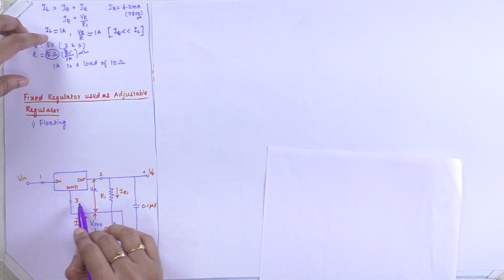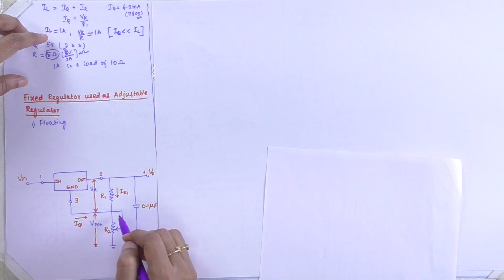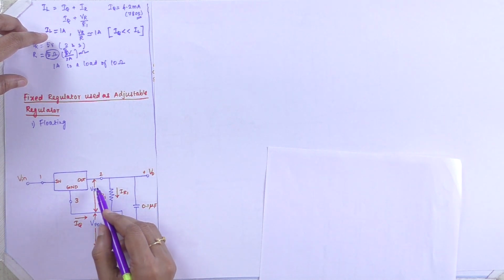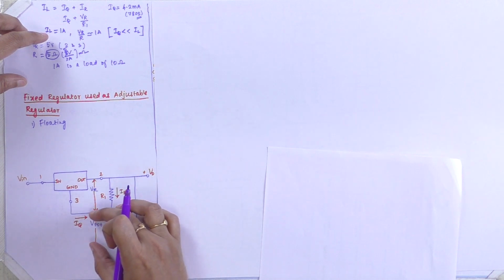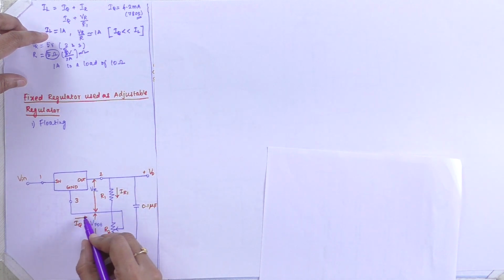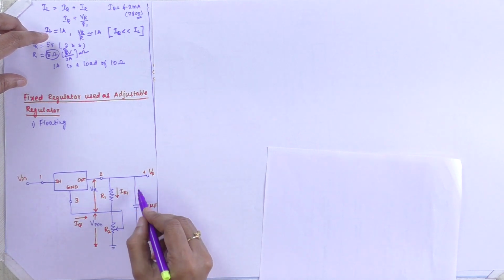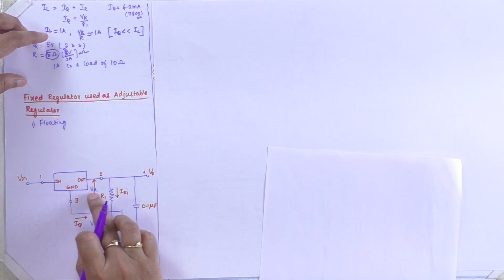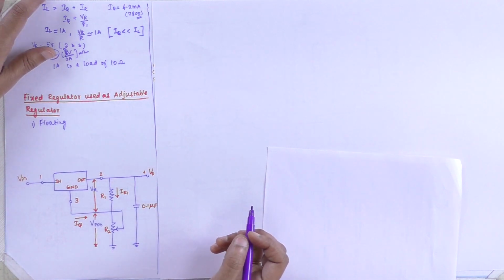The output and the second and third pins are connected across the resistor R1 and the resistor R2. Here we have the voltage VR, and across resistor R2 we call it V pot, with the current flow IQ. Here the current flow is IR1, and there is a capacitor of 0.1 microfarad.